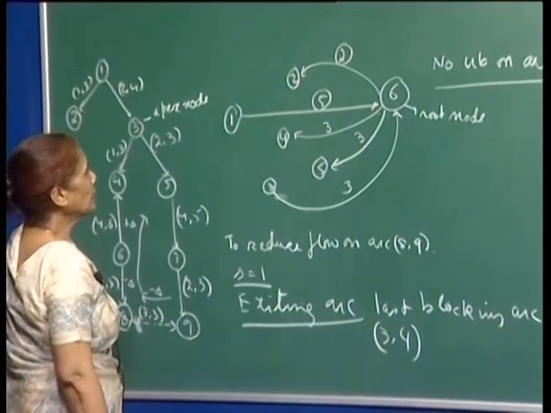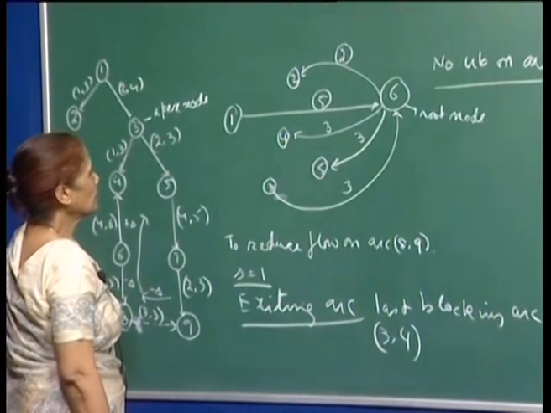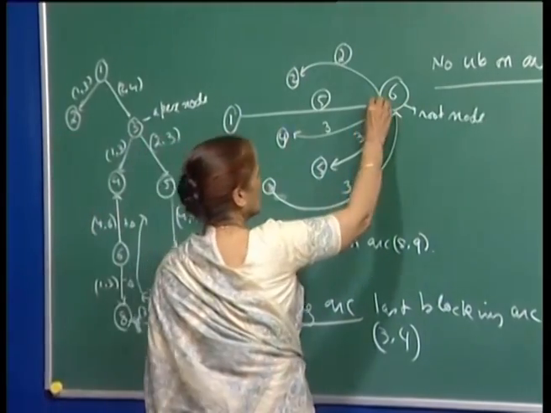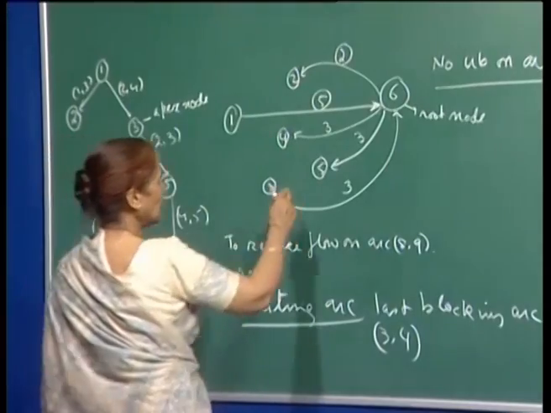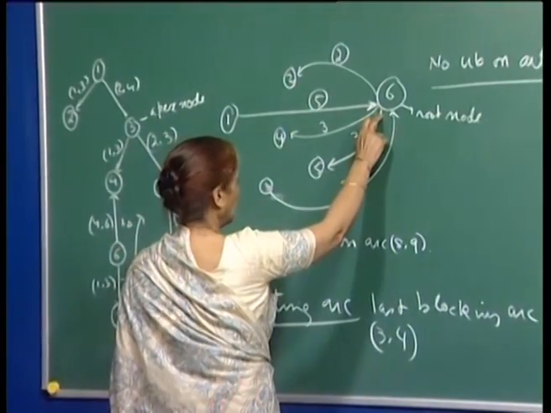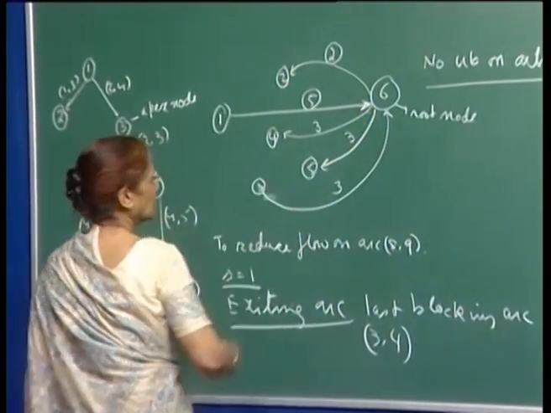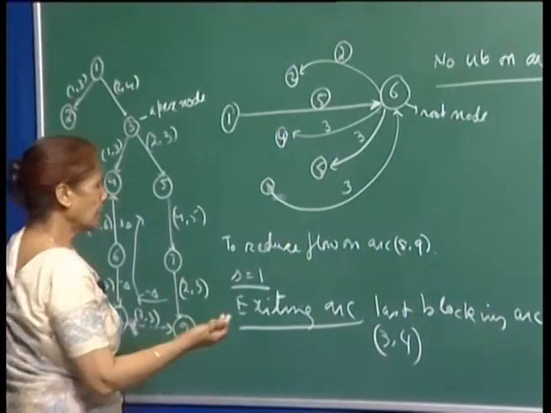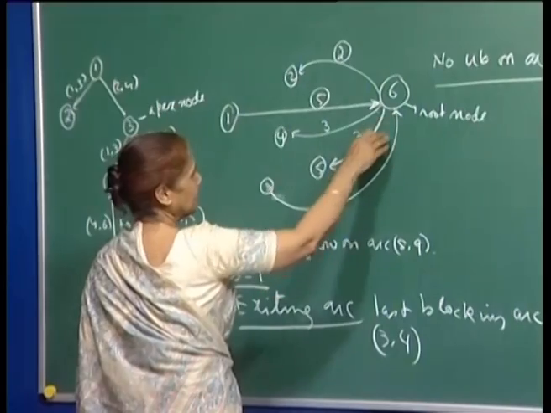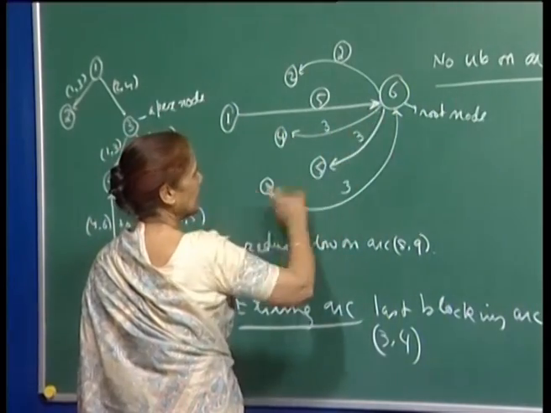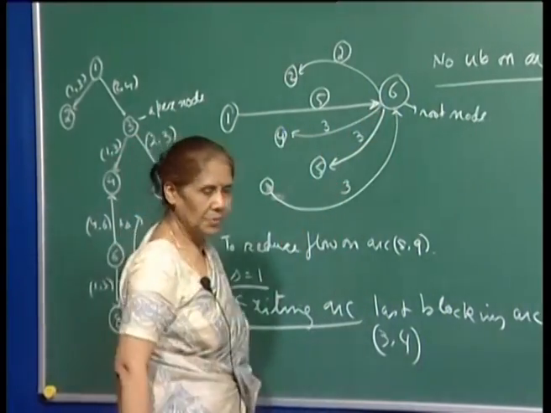For these arcs you can increase the flow, right, because there is no upper bound. So, I can increase the flow on arc 1 6 and 3 6.